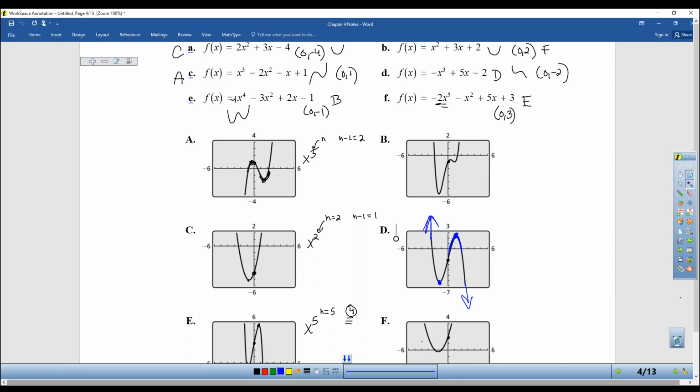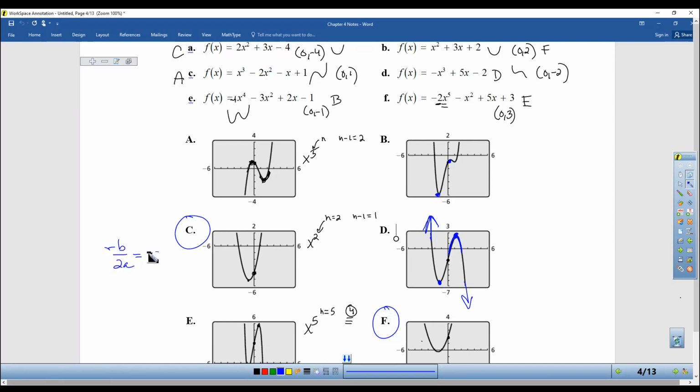So we cannot find these minimums and maximums by hand until you get to calculus. Not even pre-calculus will allow you to do it. So right now, we're going to have to do it on our calculator. The only ones that you are capable of doing by hand are parabolas. So C and F you could do by using negative b over 2a.